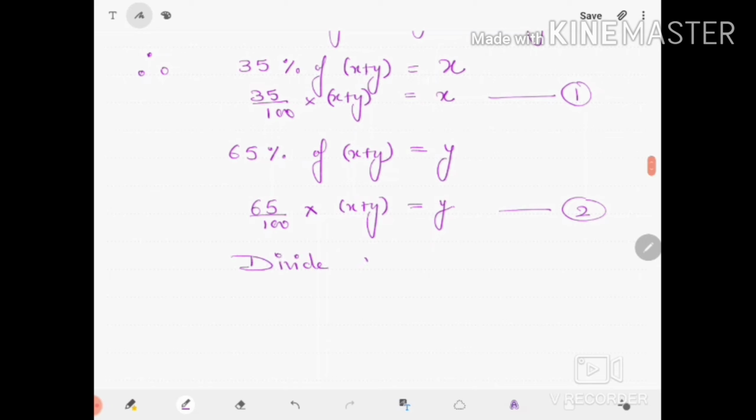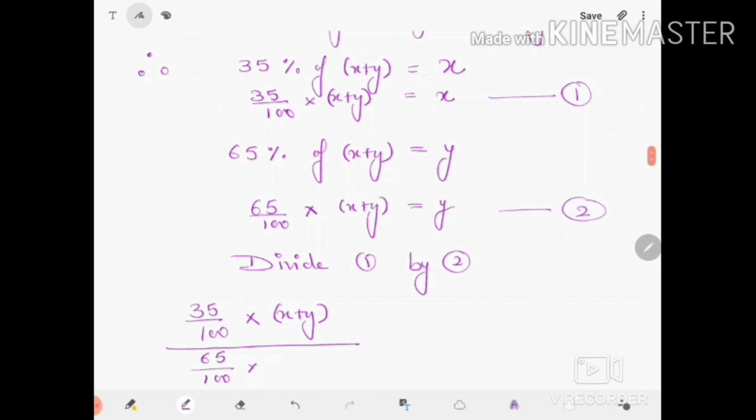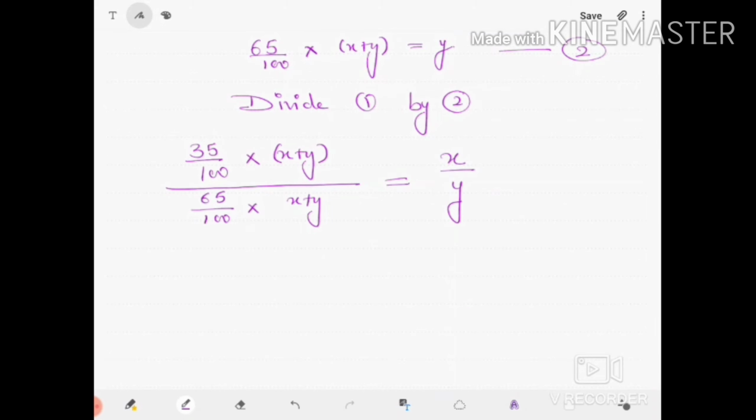Divide 1 by 2. We will have 35 upon 100 into X plus Y divided by 65 upon 100 into X plus Y, which is equal to X upon Y. As we know, while dividing the equations, the left hand side will be divided by the left hand side of the second equation and the right hand side is divided by the right hand side of the second equation.